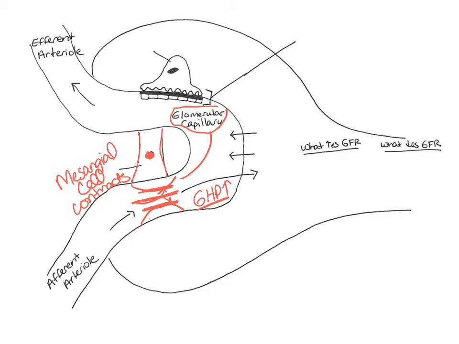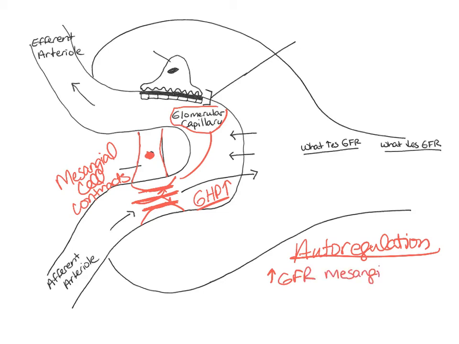Okay, so mesangial cell contracting increases glomerular hydrostatic pressure, which will increase the filtration rate. So these are autoregulation. So one way to increase the glomerular filtration rate is for the mesangial cells to contract.